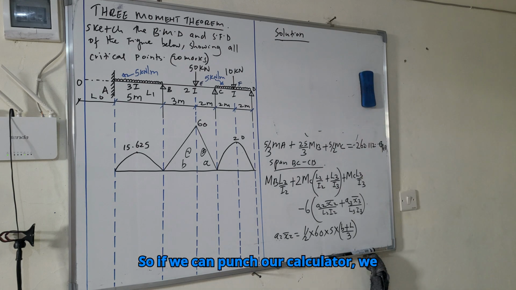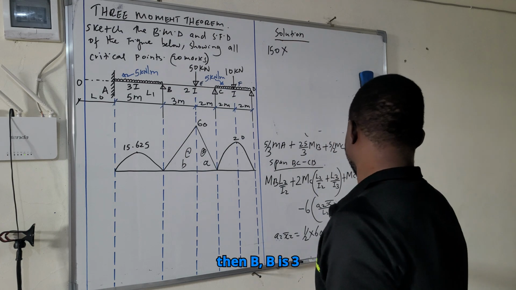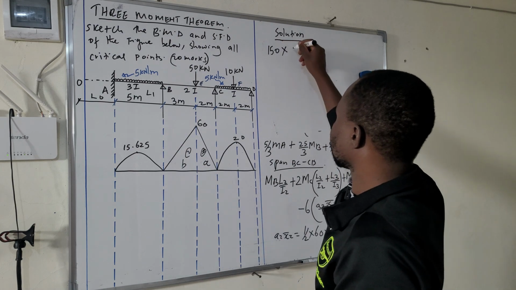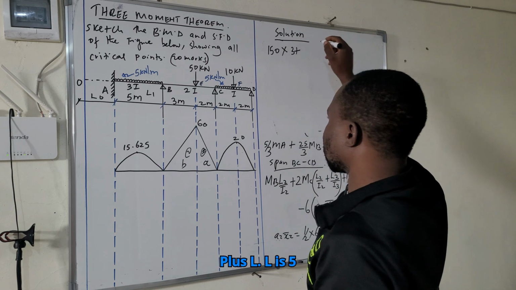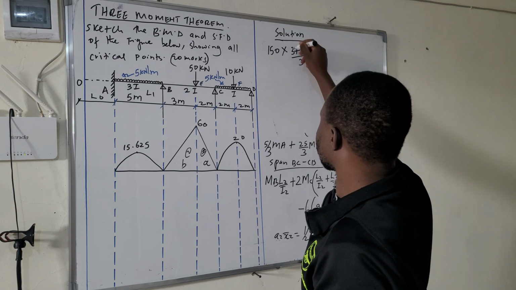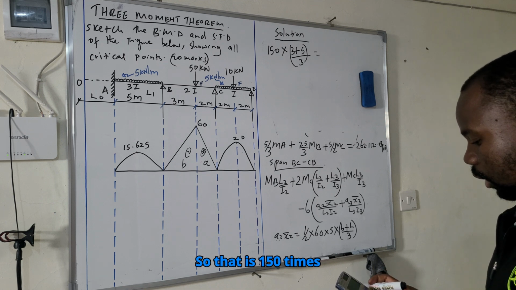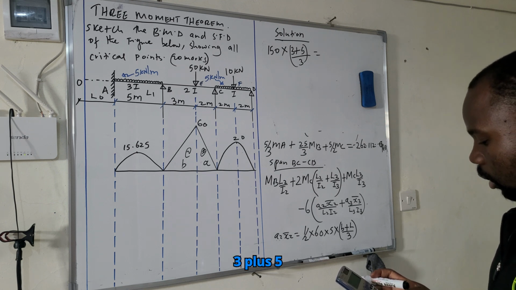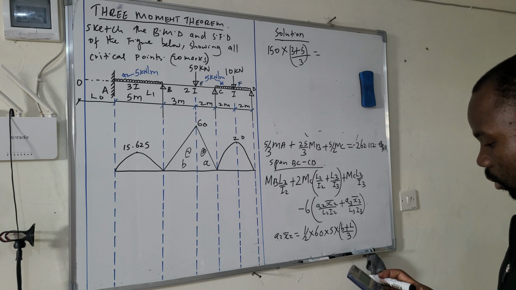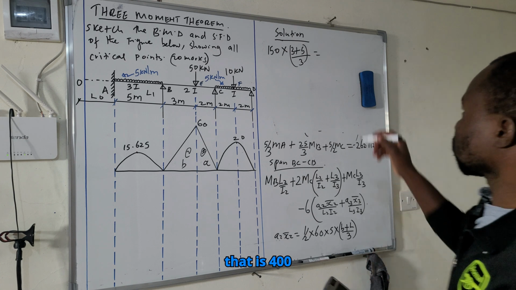If you punch our calculator, we will end up having 150, then B is 3 plus L is 5 over 3. So that is 150 times 3 plus 5 over 3. So that is 400.